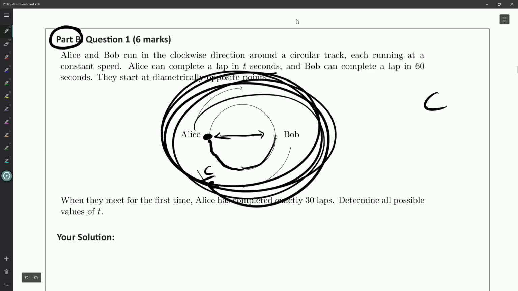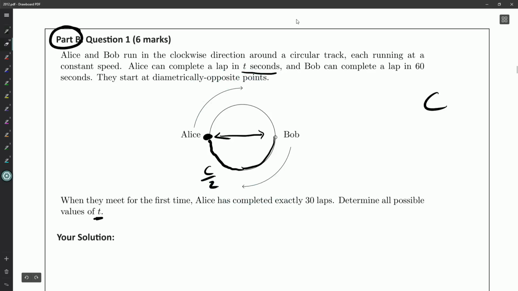I think that first time is going to be key. Otherwise, there could be probably infinitely many values of t. So Bob needs to go C over 2 and then needs to go around a certain number of times.